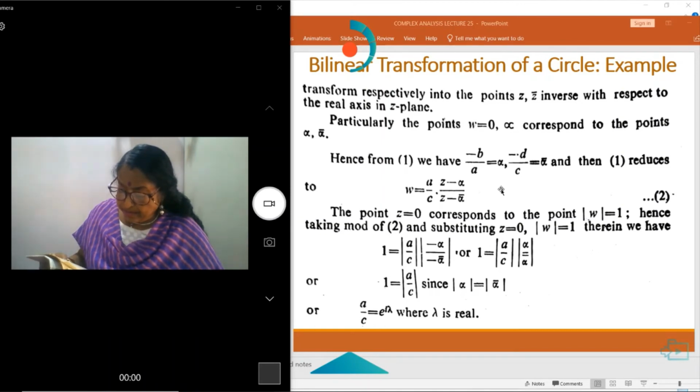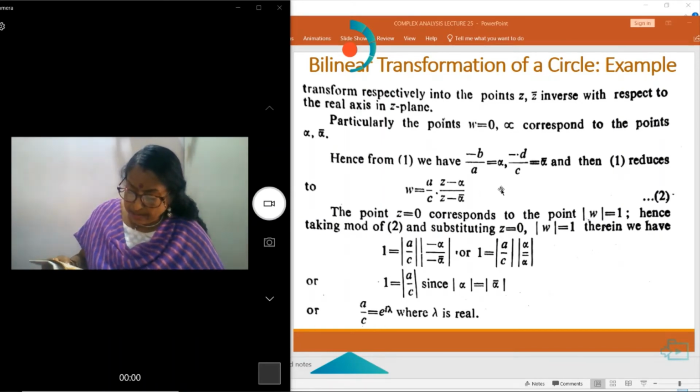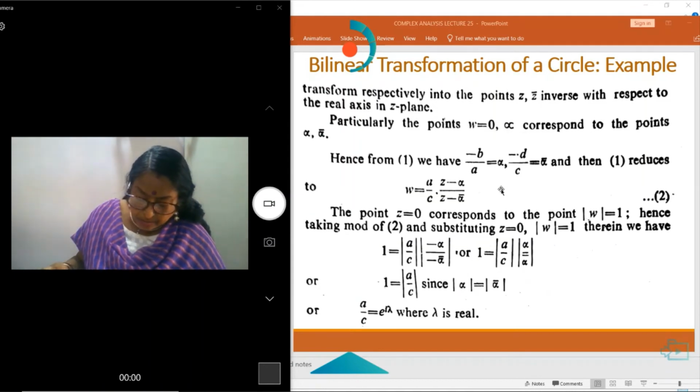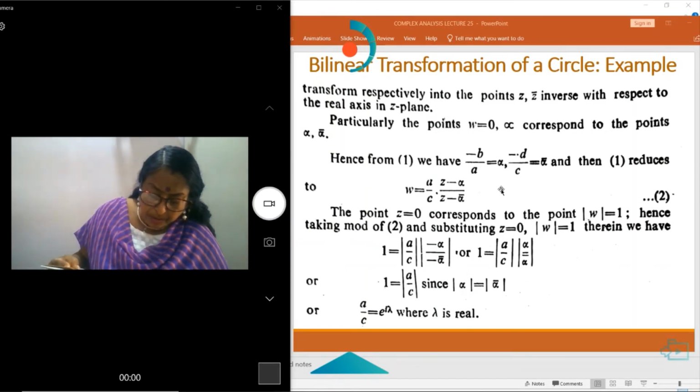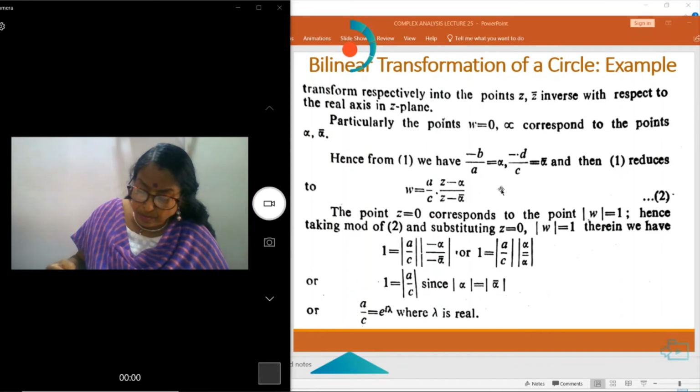Therefore, W equals (Z minus alpha) divided by (Z minus alpha bar) times e to the power I lambda.